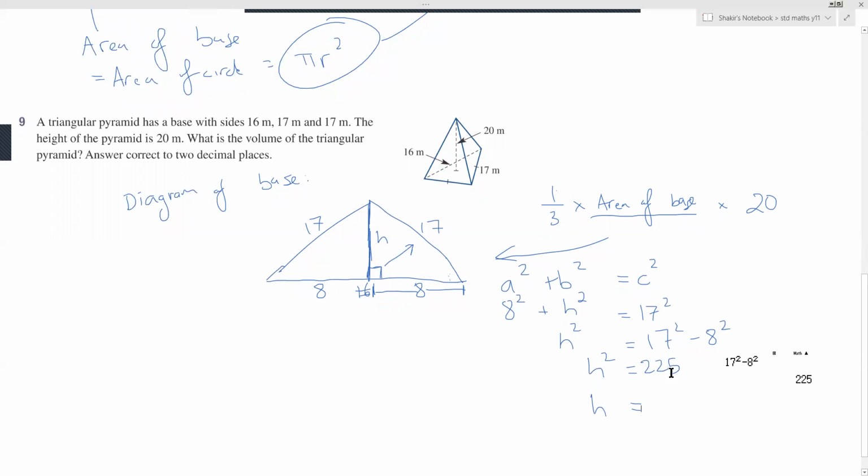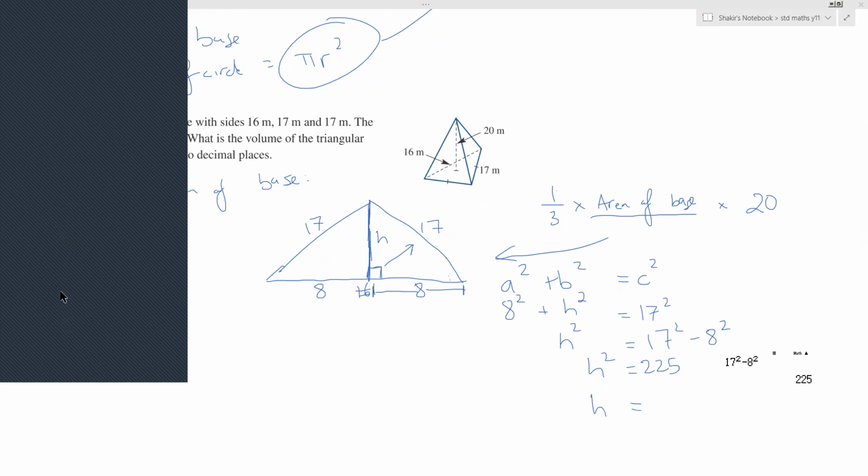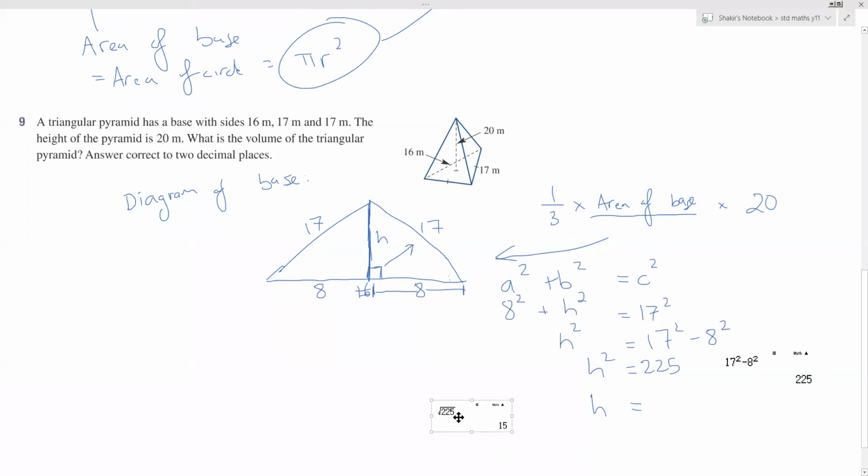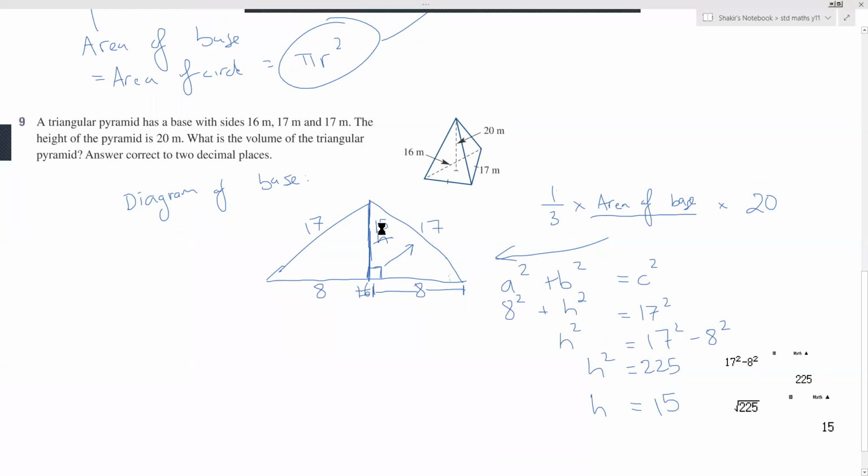I'm going to square root both sides, and the square root of 225 is 15. That's how we can conclude that h is 15. So now that I've got the height of this triangle, I can wipe off the h and write 15 there.